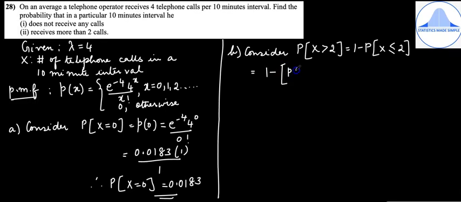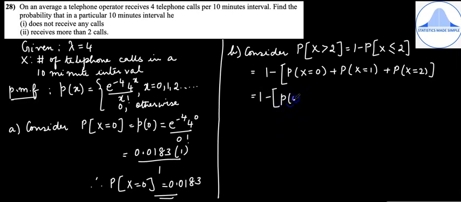So you write it as 1 minus probability of x equal to 0 plus probability of x equal to 1 plus probability of x equal to 2, which is replaced as 1 minus p of 0 plus p of 1 plus p of 2. So which is 1 minus p of 0 we have already calculated, which is 0.0183.